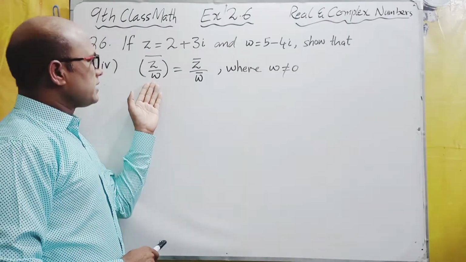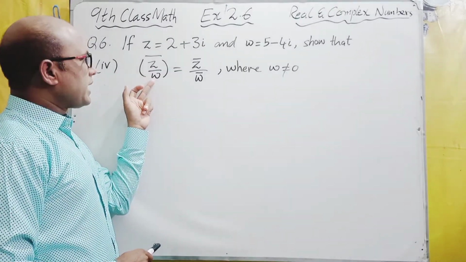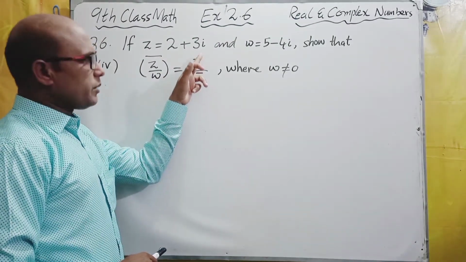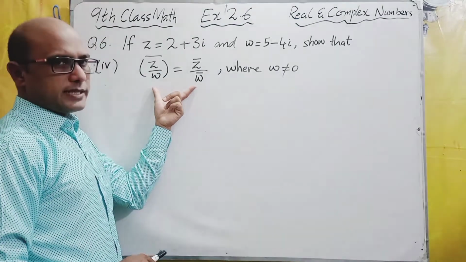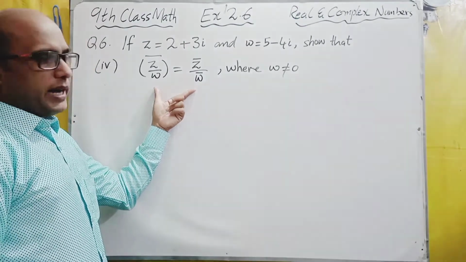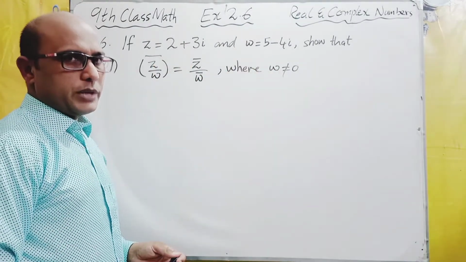In the fourth part, we have (z over omega) whole bar is equal to z bar over omega bar. So this is the situation, and we have to prove it by using these values like we did in the previous part.